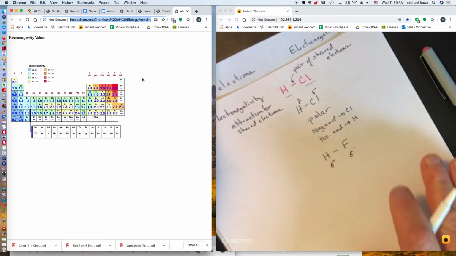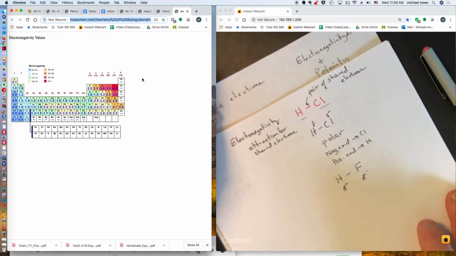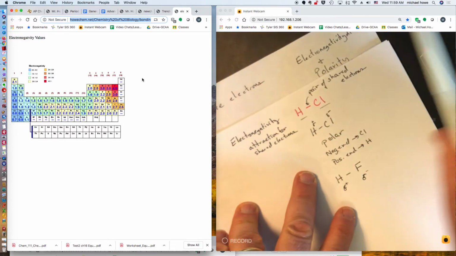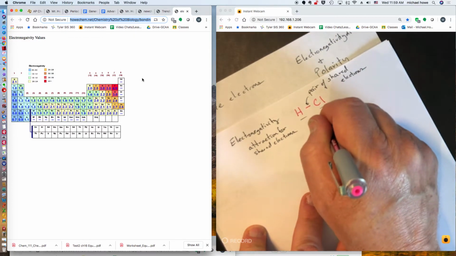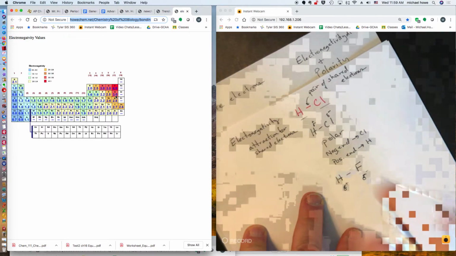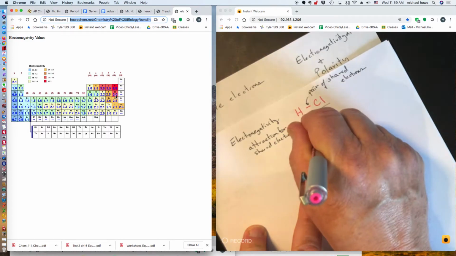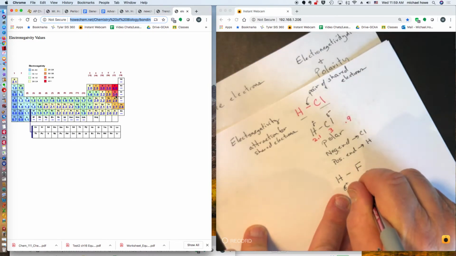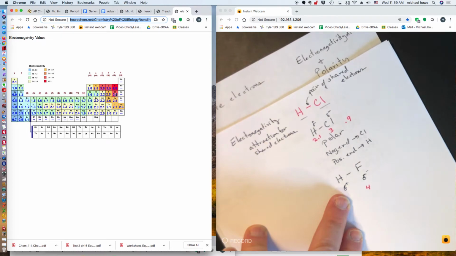Well, you would know that by looking at the differences between the electronegativities. So let's write those in. In this bond, the chlorine was 3, see it right there. The hydrogen is 2.1. So the difference is 0.9. Down here, the fluorine was 4, see it up here.